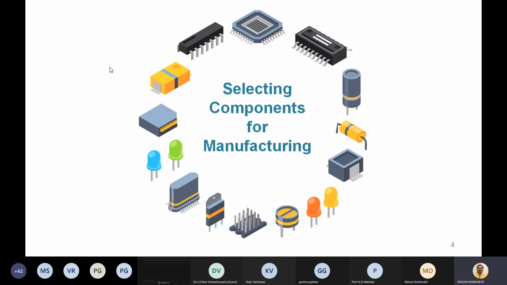Otherwise, if you randomly select components which are just known to you, and your prototype works properly, it does not mean that the final product you are manufacturing will be very good and acceptable to the market.